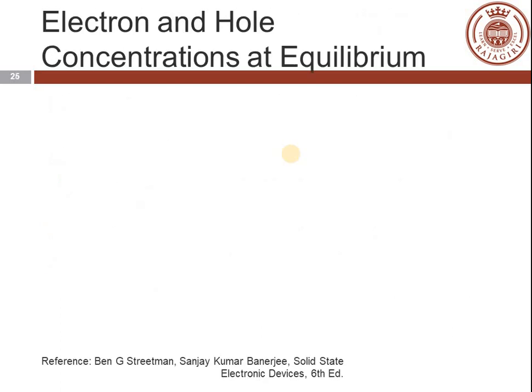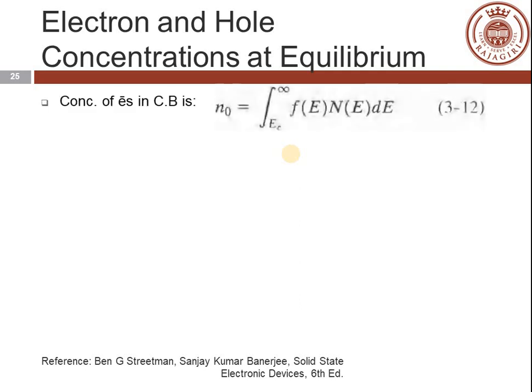Now we are moving to the important derivation. The first module is electron and hole concentration at equilibrium. So the concentration of electrons in the conduction band.